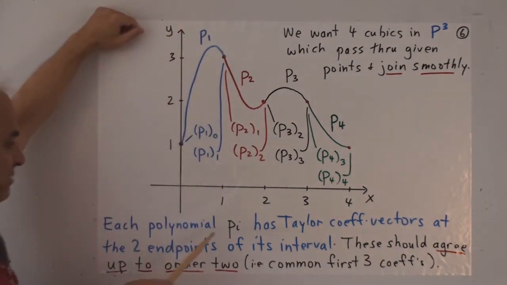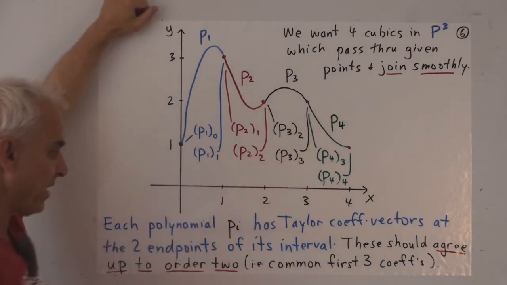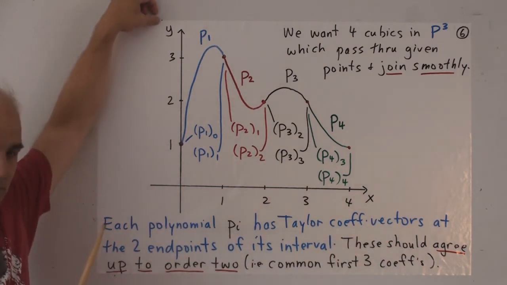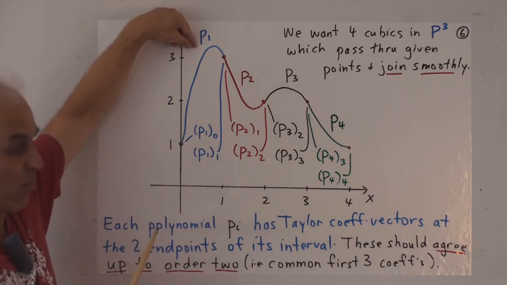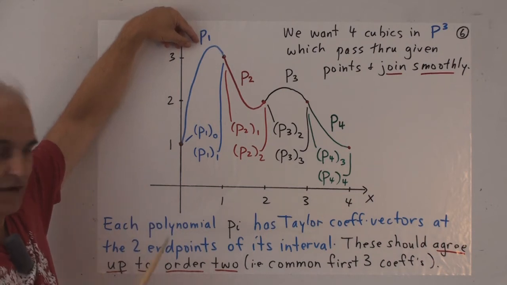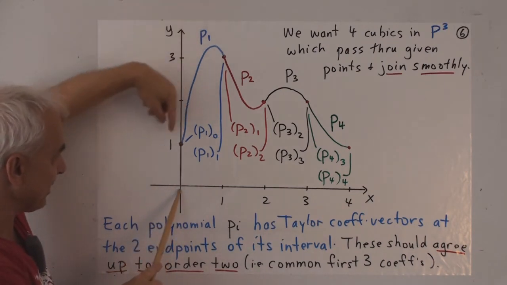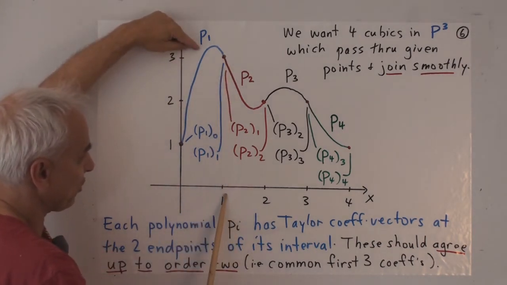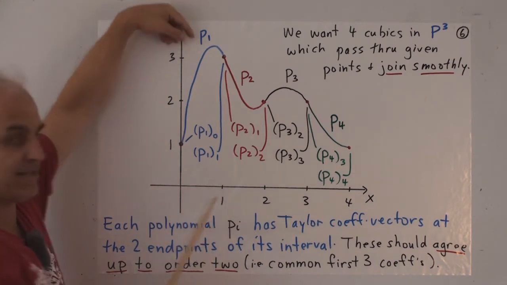Okay, so each of these polynomials, let's call them pi, and there's p1, p2, p3, and p4, has Taylor coefficient vectors at the two endpoints of its interval. So the first polynomial, which we're calling p sub 1, will have two Taylor coefficient vectors. One for the point 0, which is its leftmost endpoint, and another one for its Taylor coefficient vector at 1, which is the rightmost endpoint of its interval.